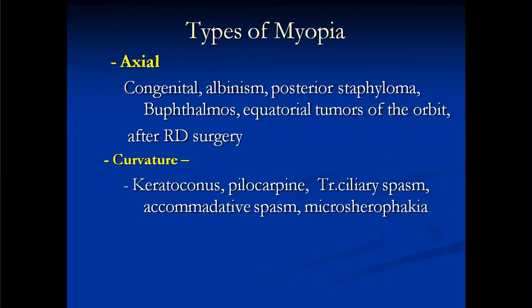Then even after RD surgery, retinal detachment surgeries also, the eyeball is elongated. In retinal detachment surgeries, we have a procedure called buckling, wherein the eyeball in the center is tightened to give the tympanic effect so that the retina gets attached. So in the RD surgery also, it results in myopia.